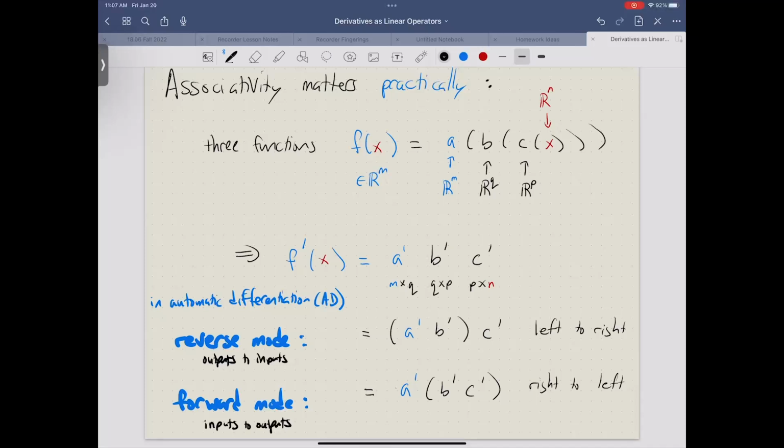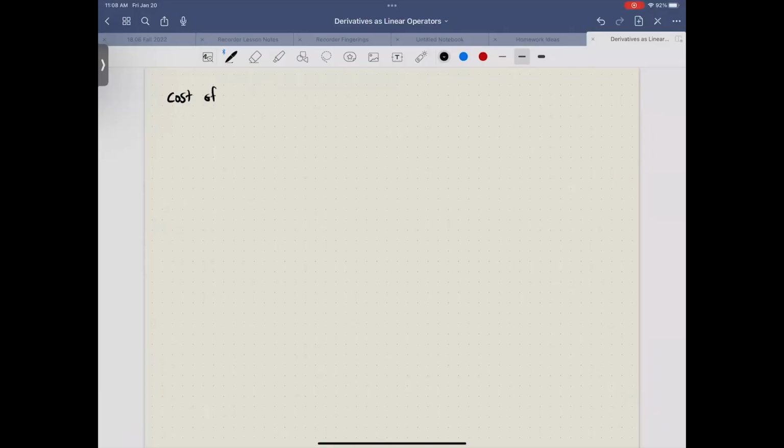So why does this matter? I claim that this matters. And the reason it matters is that when you multiply matrices, how costly it is depends a lot on the shape. So let's think about the cost of matrix multiplication.